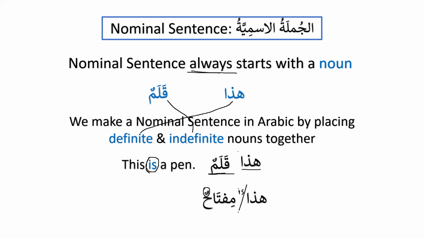We can put is over here. So hada is miftahun, and now it becomes a complete sentence: this is a key. It's a very simple trick that you can always use. Wherever you can place is, are, am, the sentence will be divided into two parts, the first part and the second part, and the sentence is complete. This is a key.